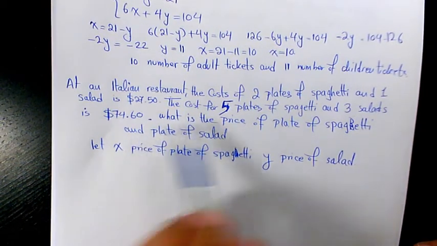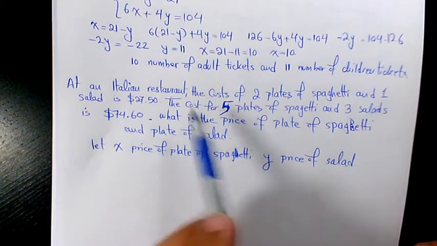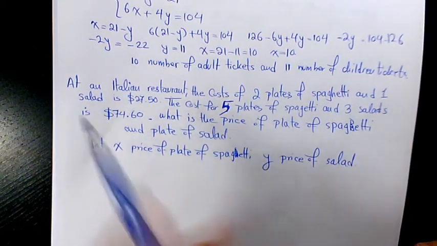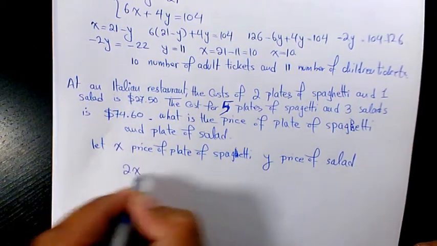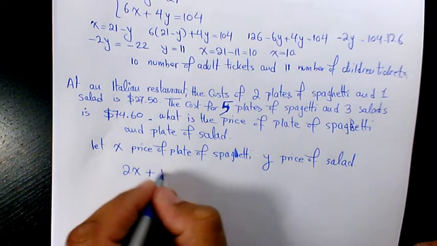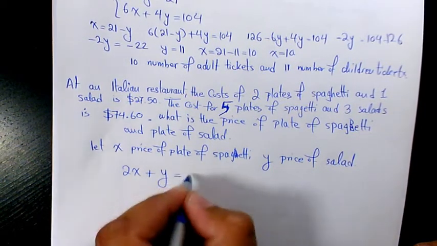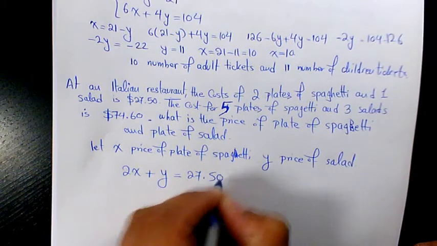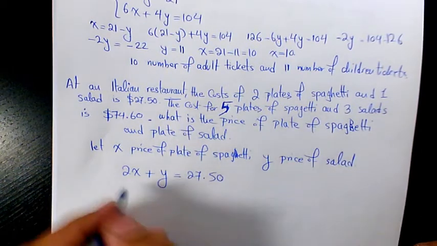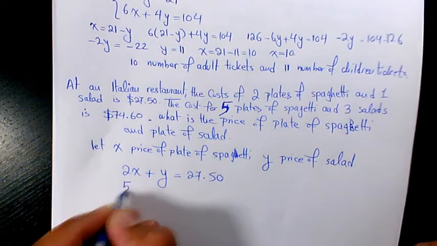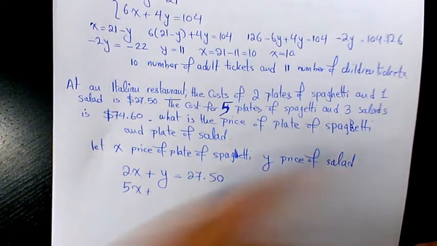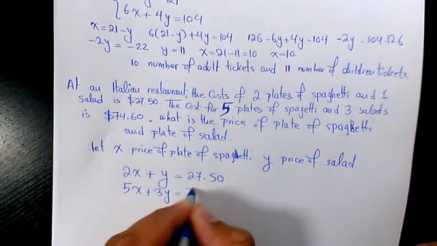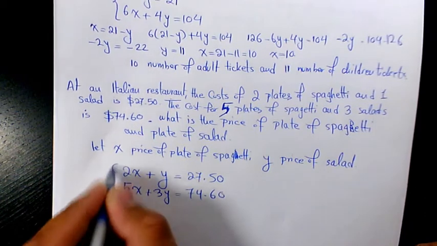So what we have, it says 2 plates of spaghetti and 1 salad, so it's going to be 2x plus y, or 1y, is 27.50. And the second statement, it says 5 plates of spaghetti, so 5x plus 3 salads, 3y equals to 74.60.